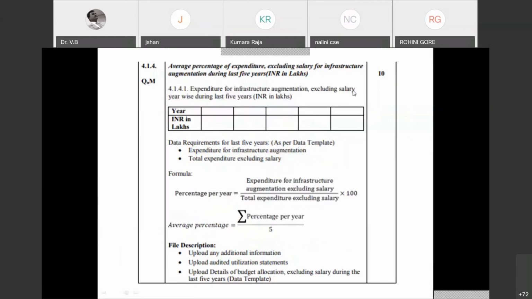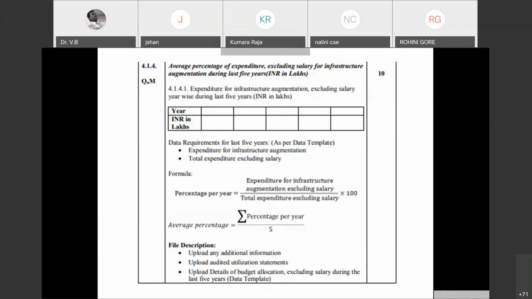So next is coming to the budget part, average expenditure, excluding salary. So salary should not be included over here. And once you say that this much amount of money has been spent, for example, last year we spent 120 lakhs, that is 1.2 crores, then in what avenues was this 120 lakhs spent?